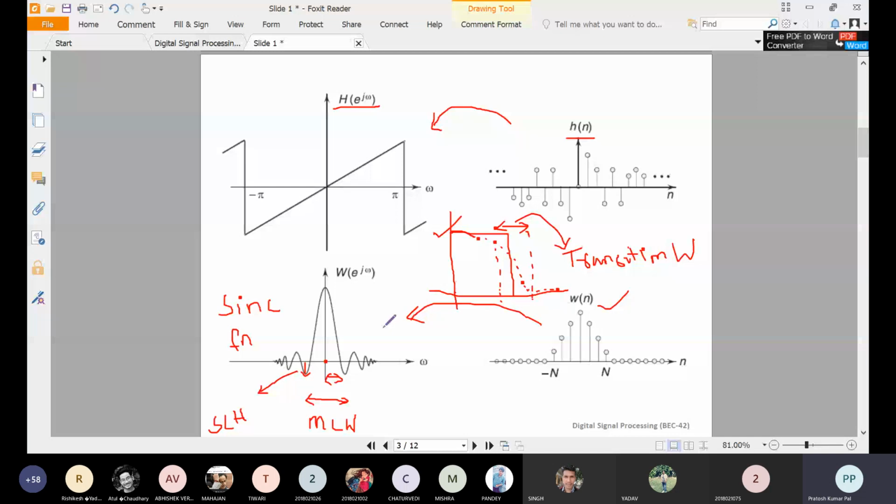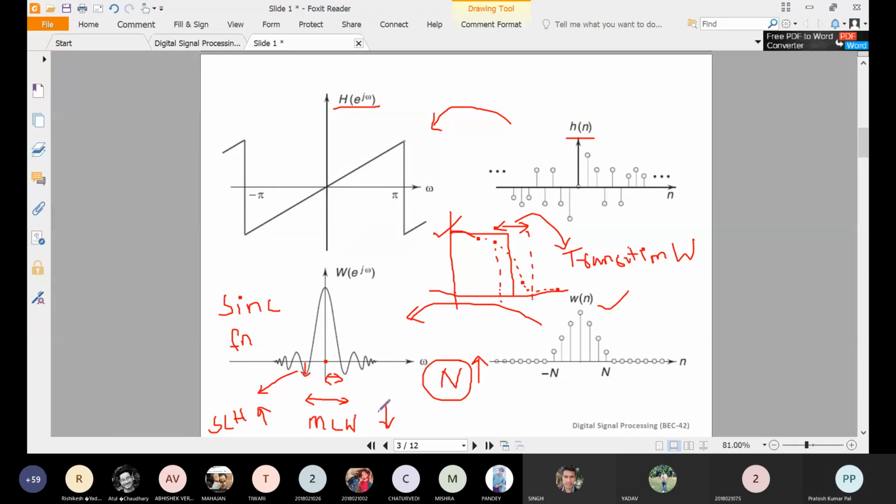Here another term we call is the order of the filter. Suppose n is the order of a filter. With respect to n, if we are going to increase the order of the filter, the main lobe width decreases. But at that time the side lobe height is increasing.